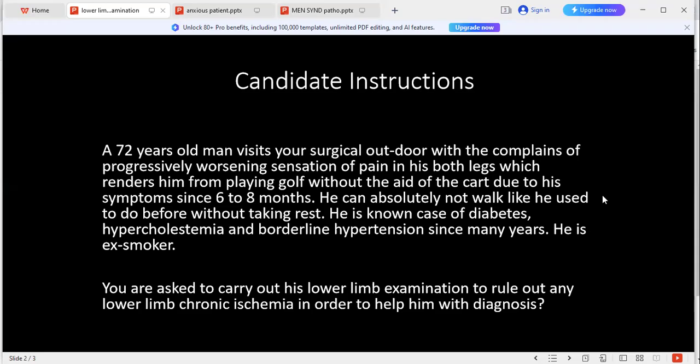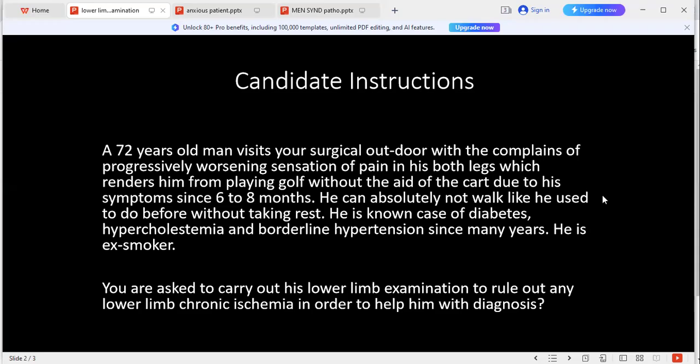Then I'll ask the patient, I'm going to raise your legs. Do you have any pain in your hips? No. Okay, then I will raise the legs at about a 40 to 45-degree angle to see whether Buerger's angle is present or not. If Buerger's angle is present, it means one of the legs has become white in color.